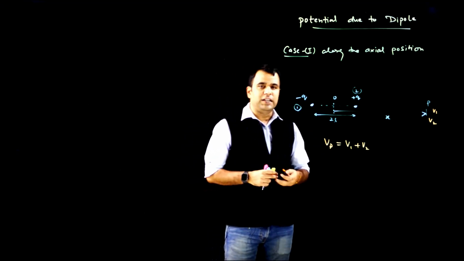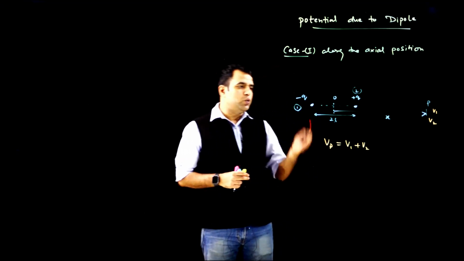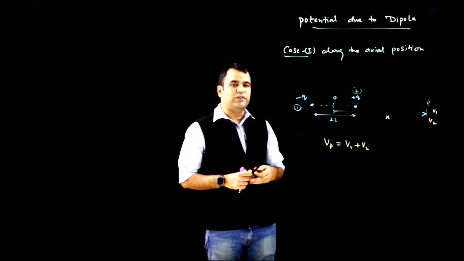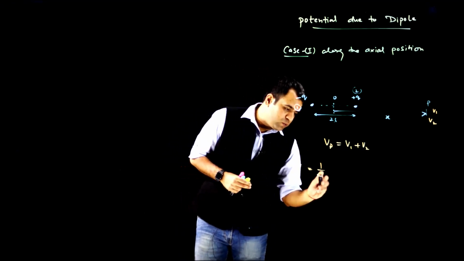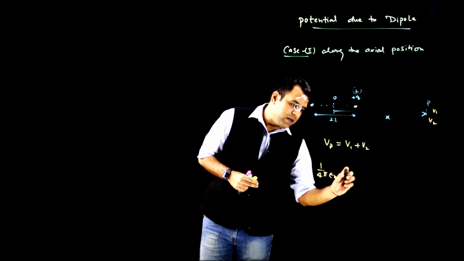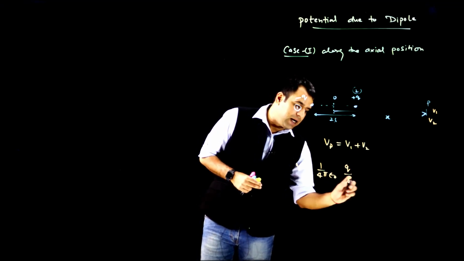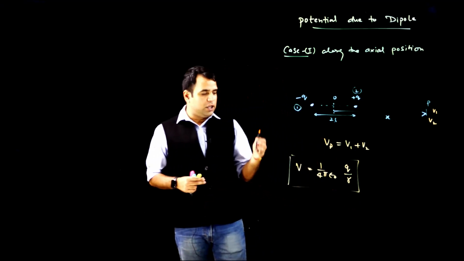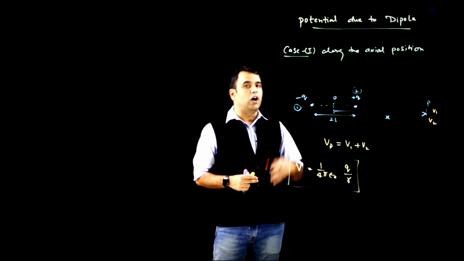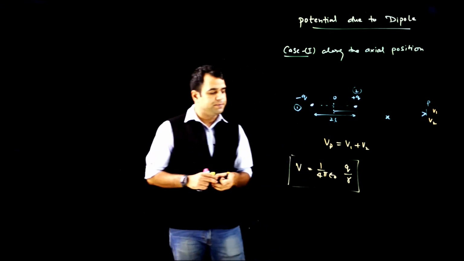Now these potentials V1 and V2 are due to point charges, and for point charges we directly have a formula. The potential due to a point charge is 1 upon 4 pi epsilon naught times q by r. This is the formula where q is the charge and r is the distance of the point with respect to the charge.